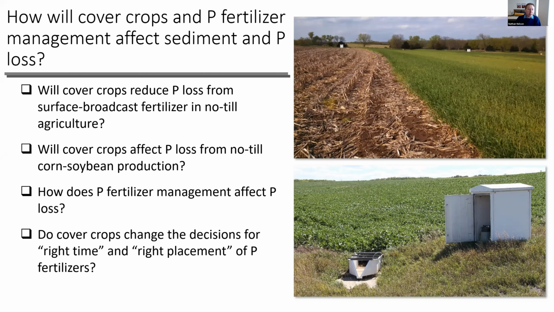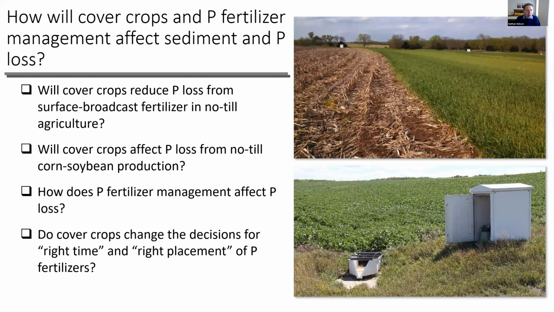So we set up this study back in 2014 to address these questions. Some of the questions listed here: will cover crops reduce phosphorus loss from surface broadcast fertilizers in no-till? That was our big question. But along with that, some more basic questions: are cover crops going to affect phosphorus loss in no-till at all? So if you've got a no-till production system, put out cover crops, what are they going to do for that phosphorus loss?